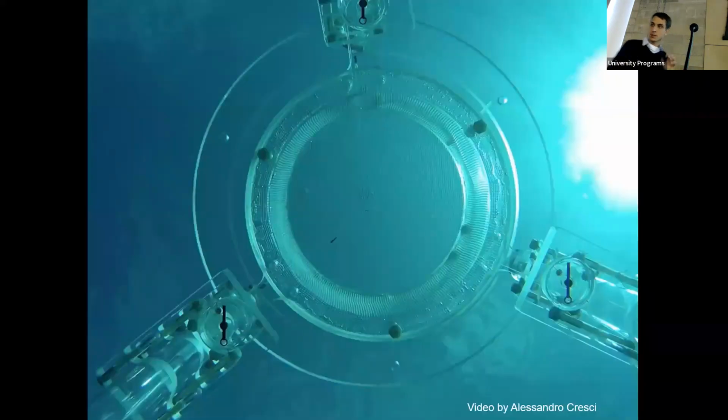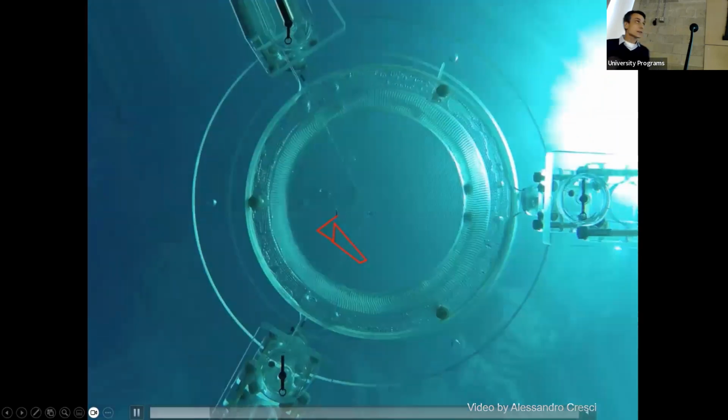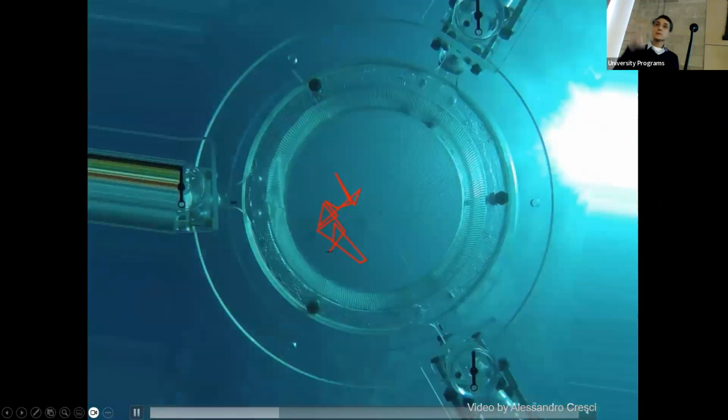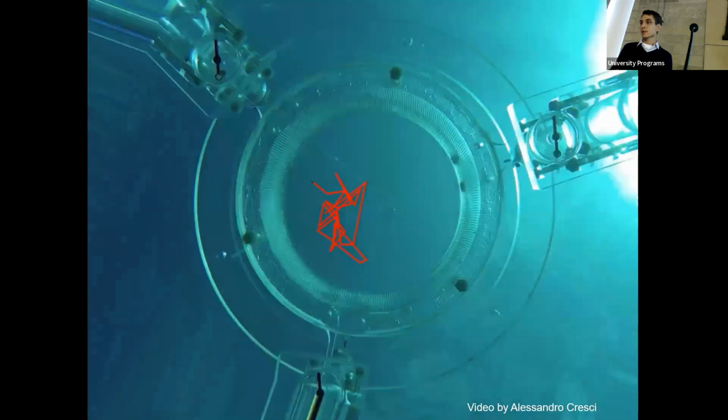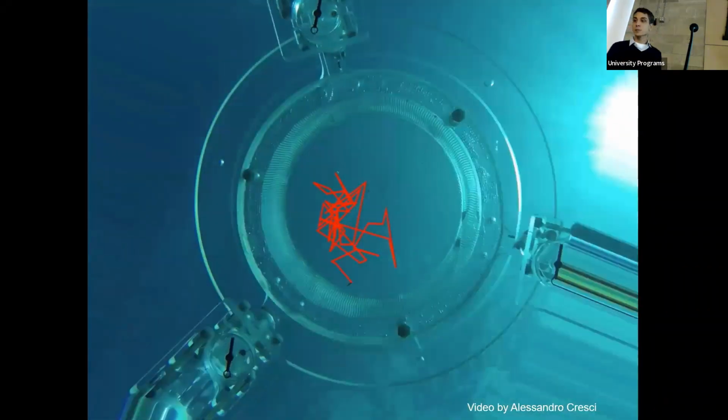Okay, and here's an image from the camera mounted underneath the DISC. If you squint pretty hard, you can see there's a larva in the chamber right here. Let me get this video going. A diver goes down and deploys an individual larva in the DISC. They then get out of the water, and the larva's behavior is recorded for 20 minutes.